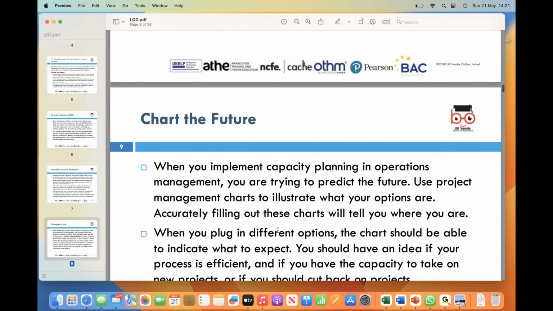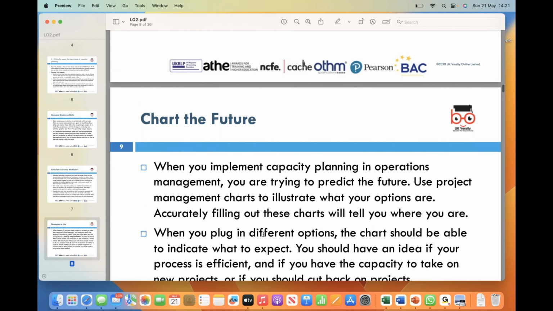So project management charts can help us predict the future and make informed decisions. By accurately filling out these charts, we can gain valuable insights into our current positions and determine our options moving forward. So let's dive into it.